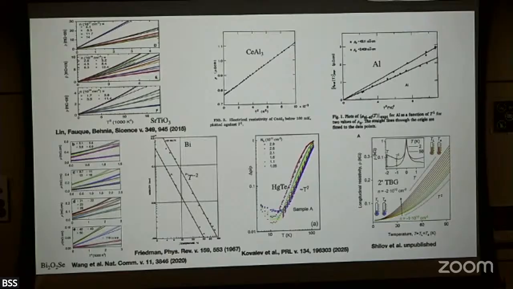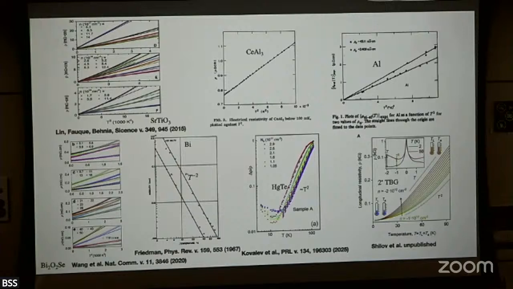T to the minus 2 in mobility is the same as T-squared in resistivity. And this is also an example which we understand. I'll be talking about this: electron-hole scattering in a compensated metal does give rise to T-squared.